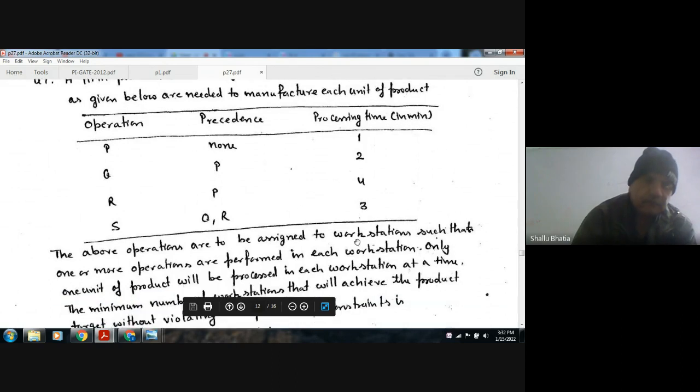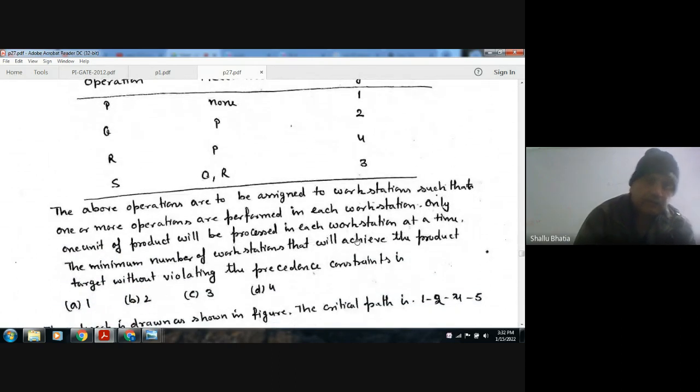The above operations are assigned to workstations such that one or more operations are performed in each workstation. Only one unit of the product will be processed in each workstation at a time. The minimum number of workstations that will achieve the product target without violating the precedence constraint is option A 1, option B 2, option C 3, and option D 4.